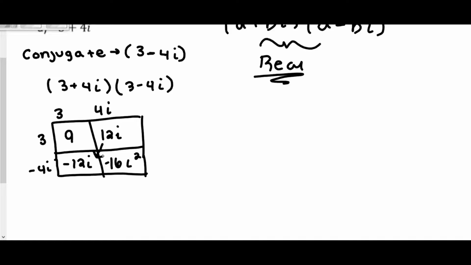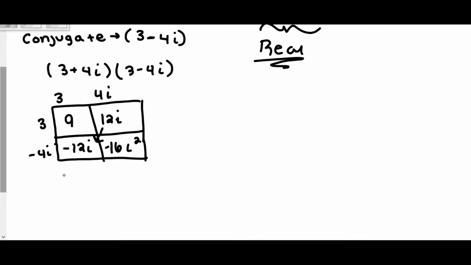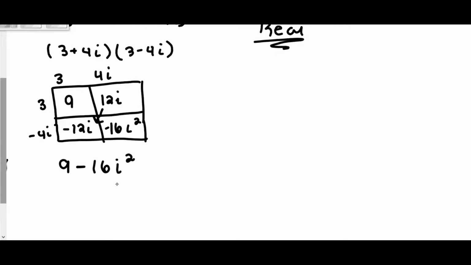Our diagonals combine, so we get 9, 12i minus 12i, those cancel out, and we're left with negative 16i squared. Now, this is not a purely real number because we have our i here. And this also isn't in a plus bi form, so we know we still have some work to do. i squared is equal to negative 1.